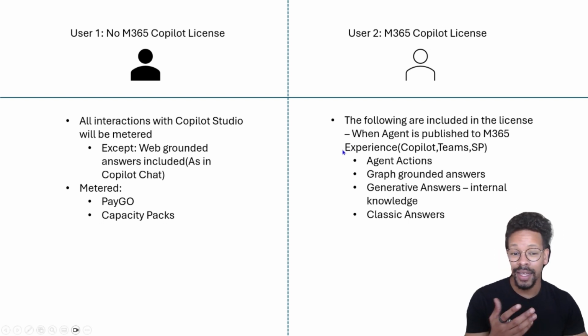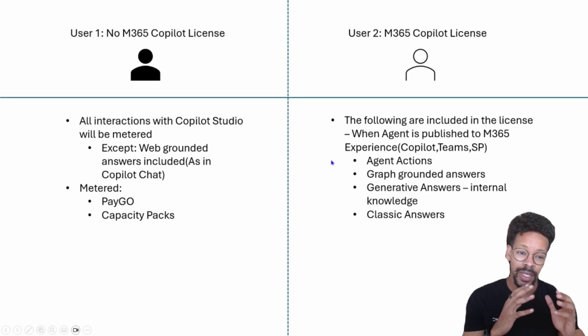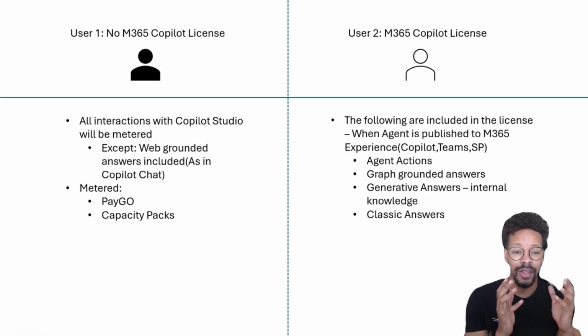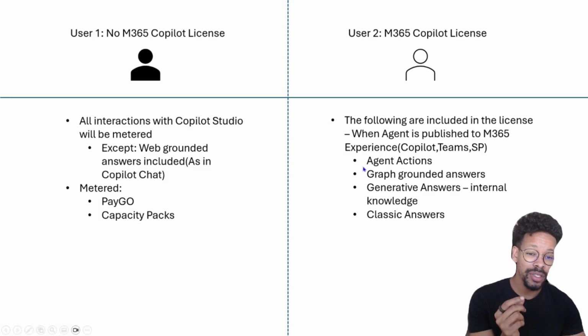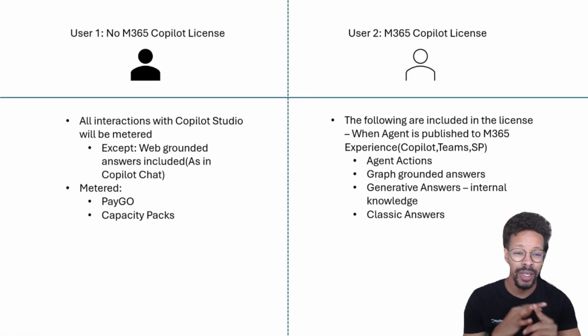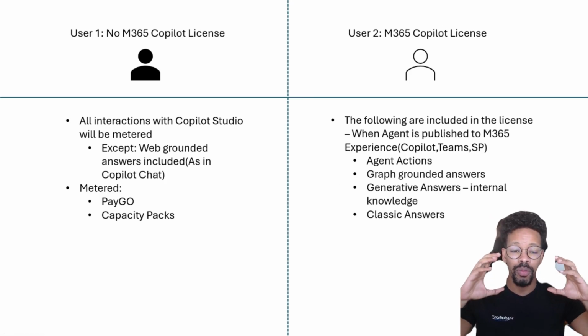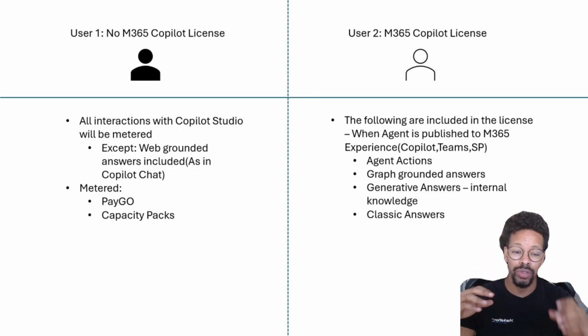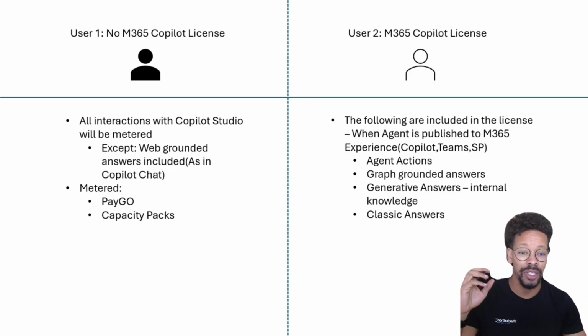On the other hand, you do have some of the things that are included in M365 Copilot. These are the agent actions. An agent action, we can look at in another video what it is. Graph grounded answers, and these are the answers that come from SharePoint, OneDrive, technically answers that come from within your tenant boundary, which we've covered in the Copilot control system or the Copilot connectors video.